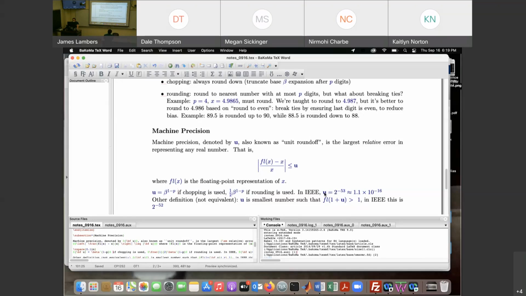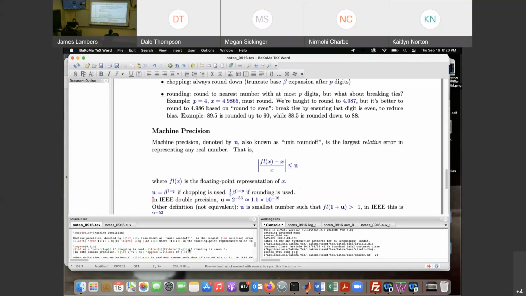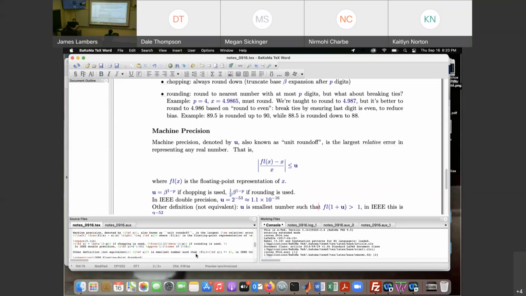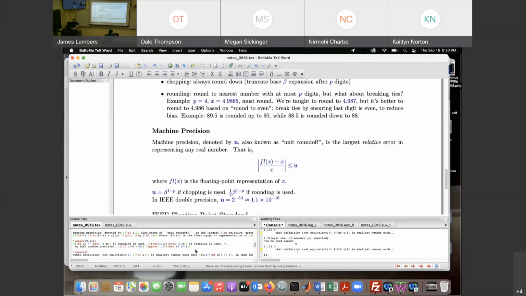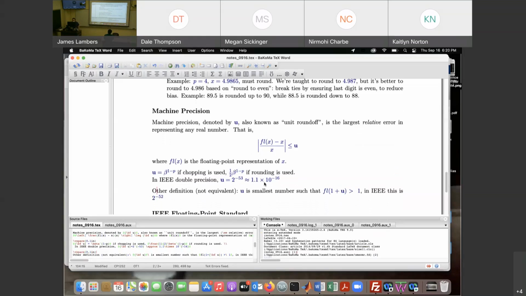So this is the value of unit roundoff in IEEE double precision. So roughly 10 to the minus 16.